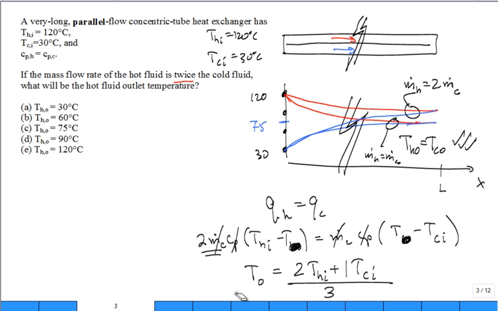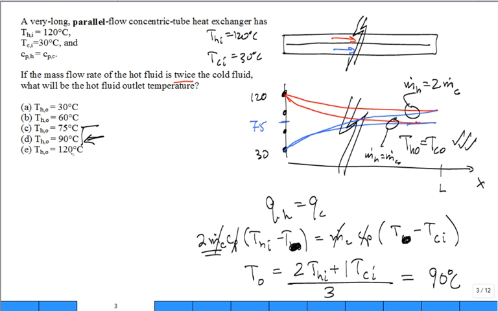True? Is that the math that you worked out? So when you stick in the numbers, it's 2/3 times 120 plus 1/3 times 30. What does this equal? Isn't it 90? And you could almost have just guessed, like, look, it's greater than 75. How many people did that? It's greater than 75 and it's less than 120. There you go. It's 90.